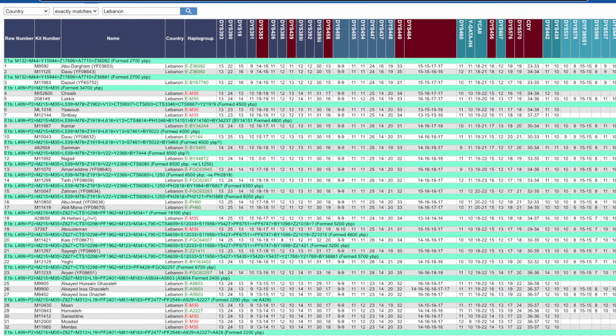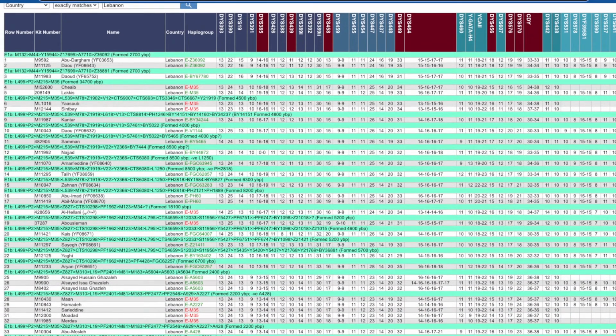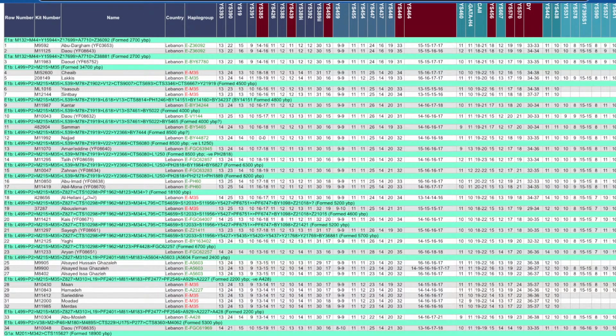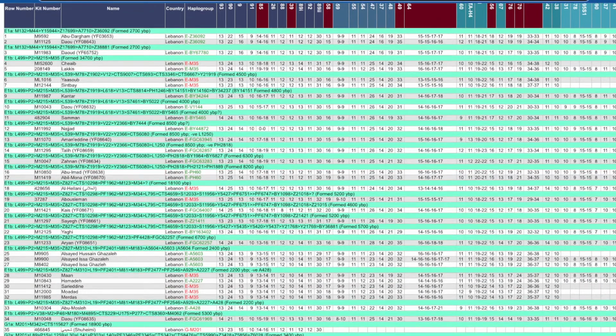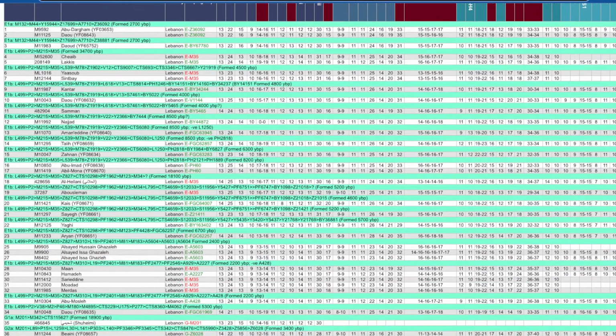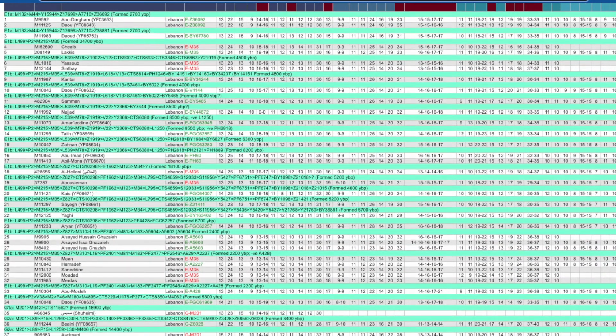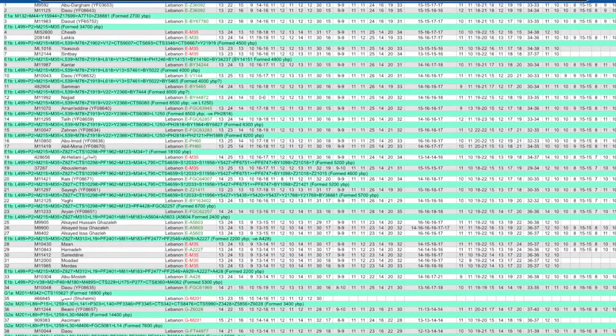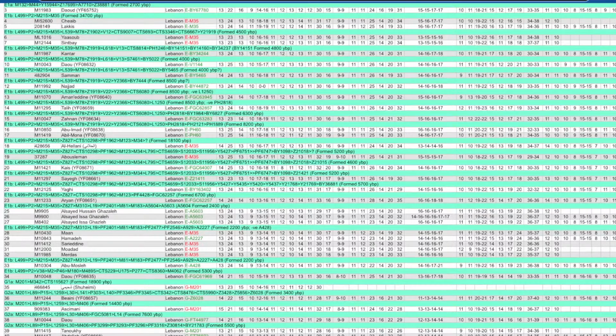A lot of Lebanese who live in the United States or Canada could be listed by origin instead of Lebanon, or they could have their own private samples.